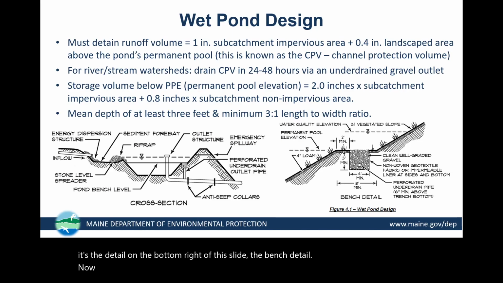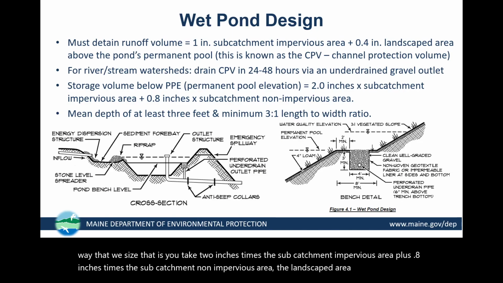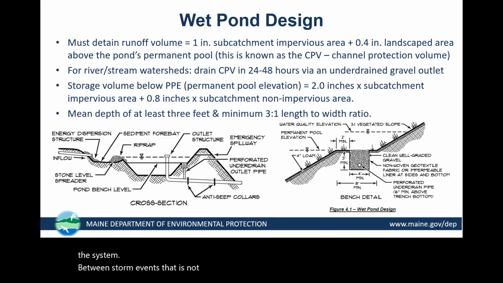Now, below that permanent pool elevation, the way that we size that is you take 2 inches times the subcatchment impervious area plus 0.8 inches times the subcatchment non-impervious area, the landscaped area, whatever it is. And that's how you determine your PPE, permanent pool elevation, how much water is staying in the system between storm events that is not draining from the system.